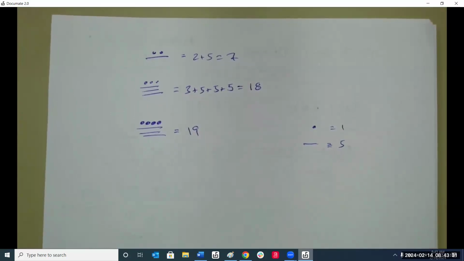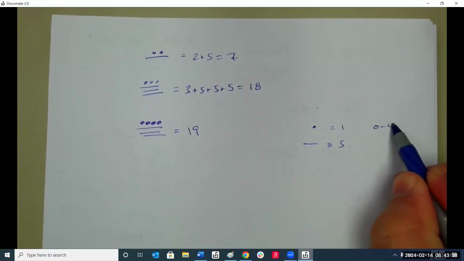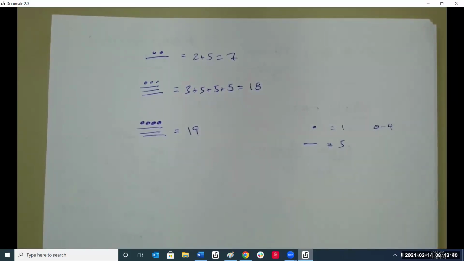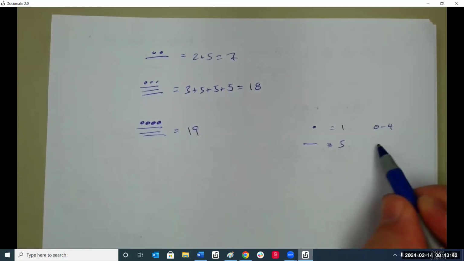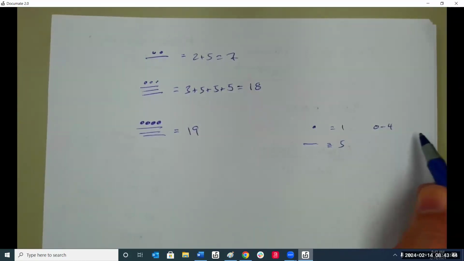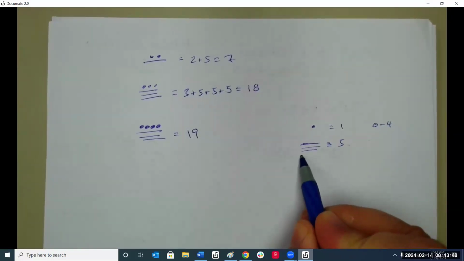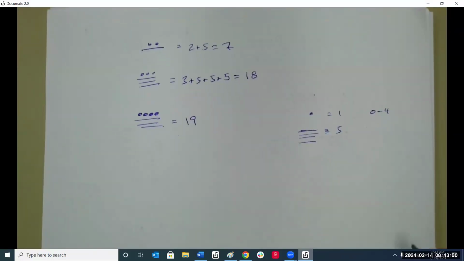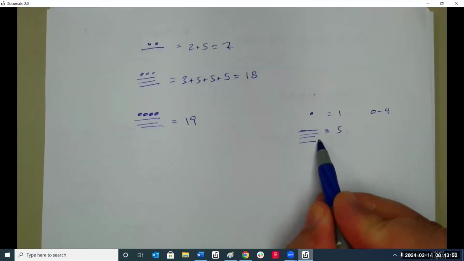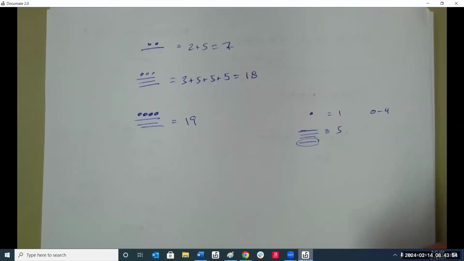So what's our base system? 5. Because from 0 to 4, we can use dots. So that means anything after that, we can use at maximum. Yeah, but this one just now throws it off.